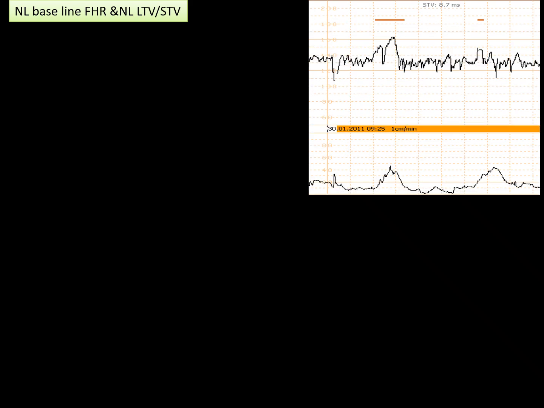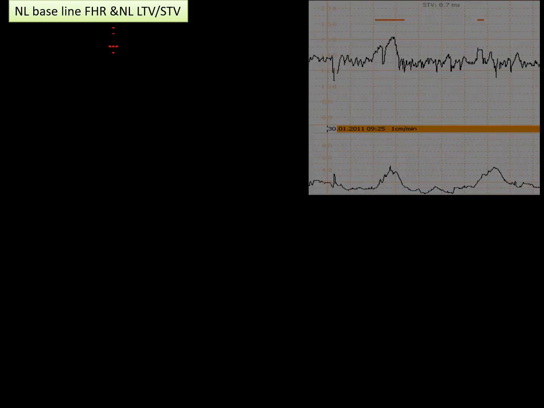At the beginning, the uteroplacental reserve is diminished, but this does not affect the fetus. Since it is still giving enough oxygenation, you will have a normal baseline fetal heart rate, and normal long-term and short-term variability.